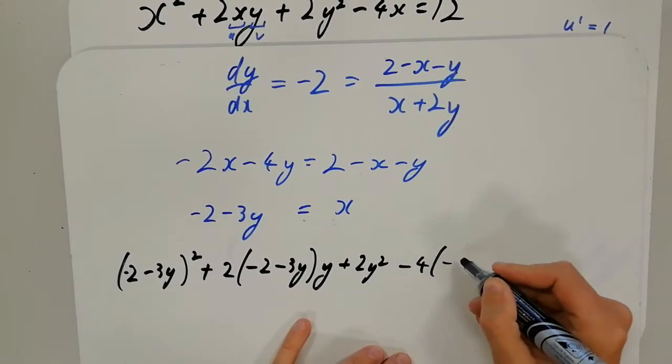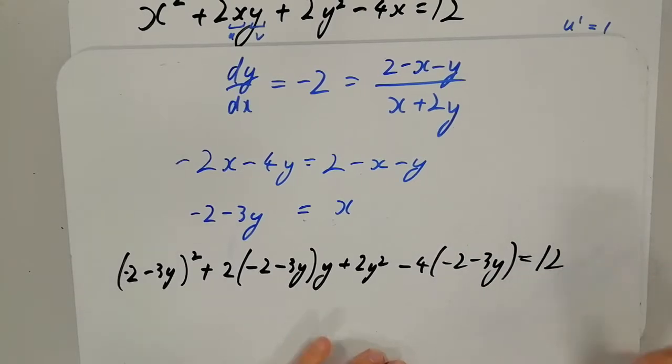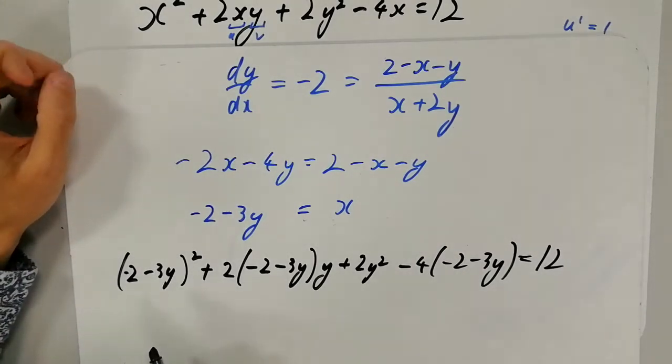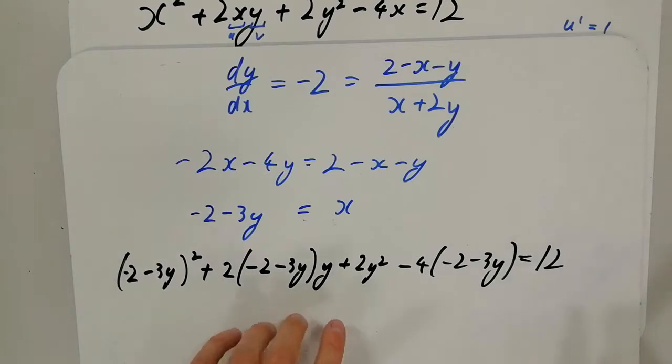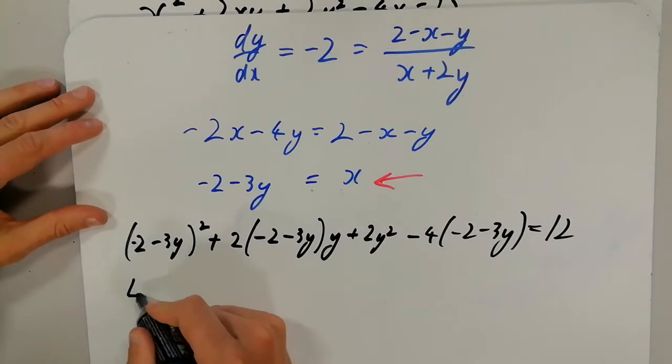Minus 4 lots of (minus 2 minus 3y) equals 12. You can see that this is just going to give us a quadratic. We can expand and simplify this and then get the y values and substitute into the simpler equation to find the corresponding x values. Okay, we'll just do that. It's a bit of algebra, but it's not too hard.